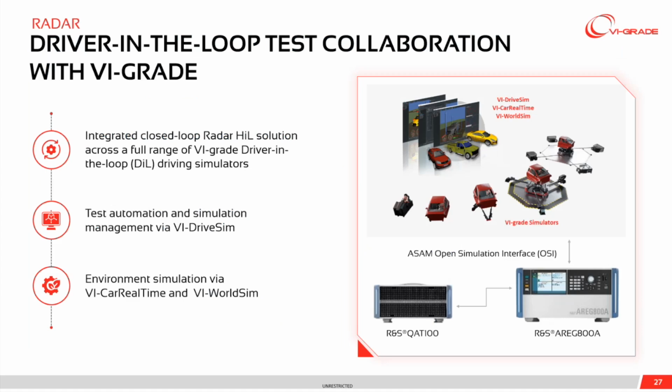When we bring together the actual radar sensor and make it a part of the overall test loop, as Ian has shown, we feel this is the next step after you do just simulation-based testing, which definitely has a very strong place in the overall development process.